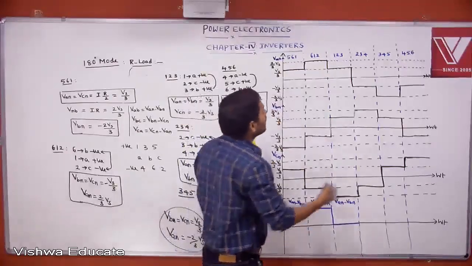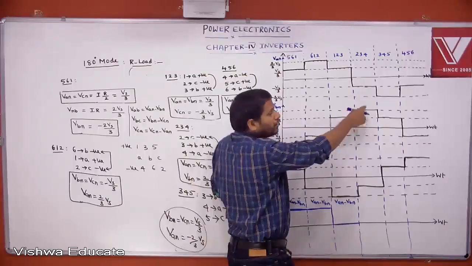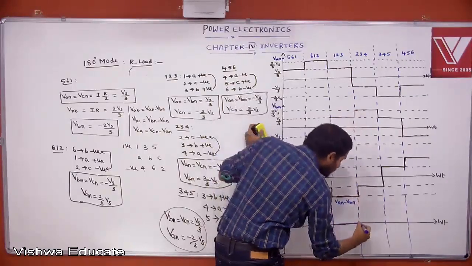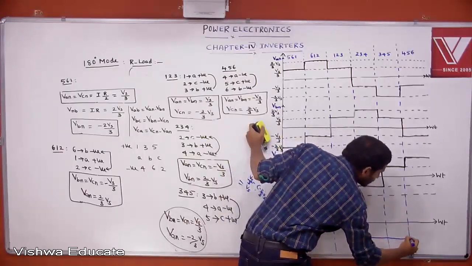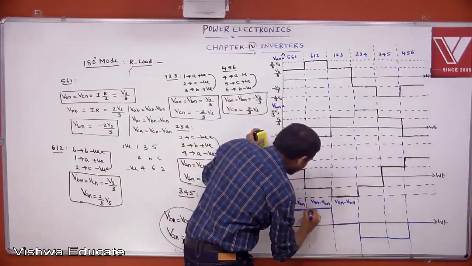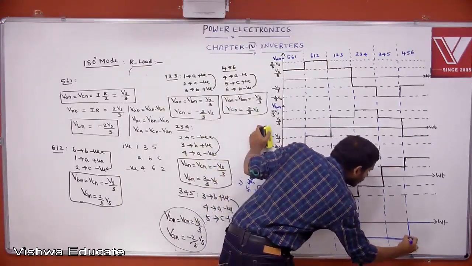Okay, next, minus Vs by 3 minus of minus 2 by 3 Vs, this is plus 2, then we get minus Vs. Just subtracting. Again minus Vs. Then again 0. Okay, this we are getting. This is the line voltage waveform.